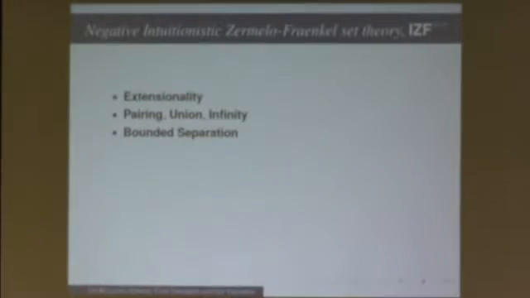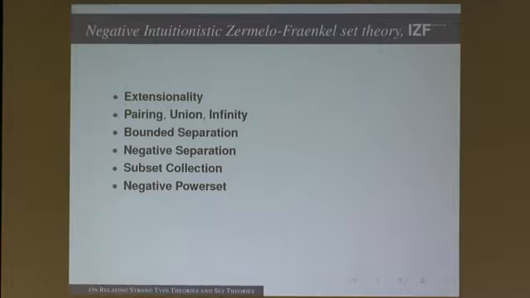Okay, so then we get negative intuitionistic set theory. And so what are the restrictions? Well, you have to restrict separation to bounded separation. But then we have negative separation and we have negative power set, and the usual stuff. Okay. And so this is an intuitionistic set theory that shows up when you do the sets as trees interpretation in type theory with prop.